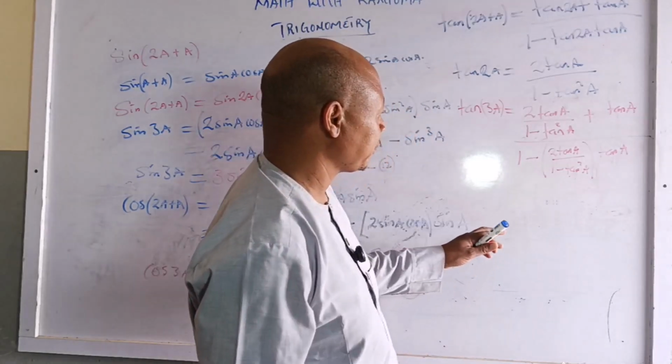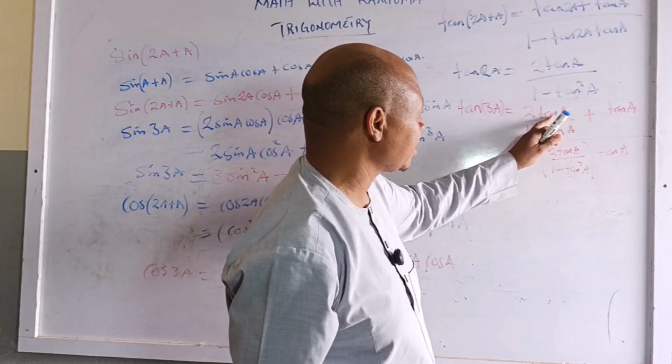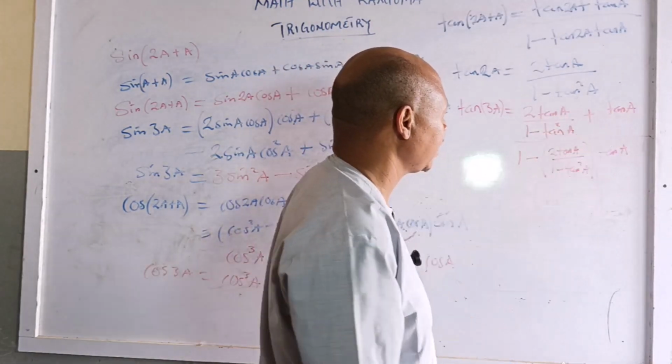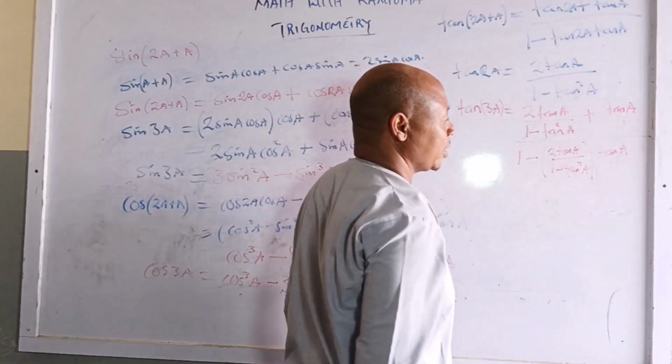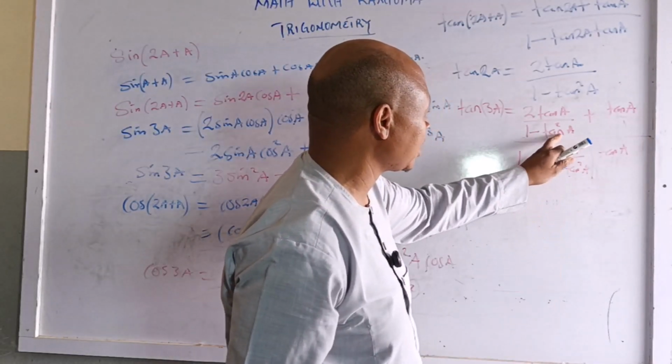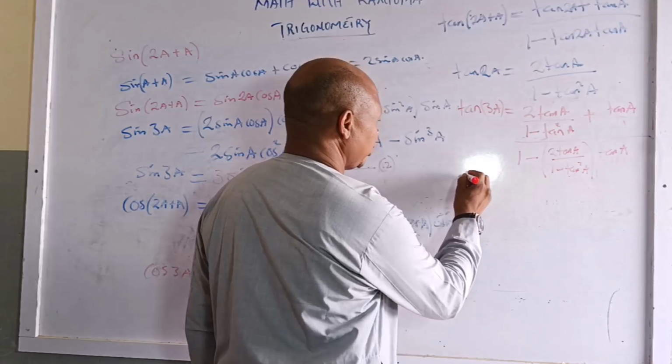So from here, we can simplify this by taking the LCM. This is the same thing as tan A over 1, so I can take the LCM as 1 minus tan square A for the numerator.